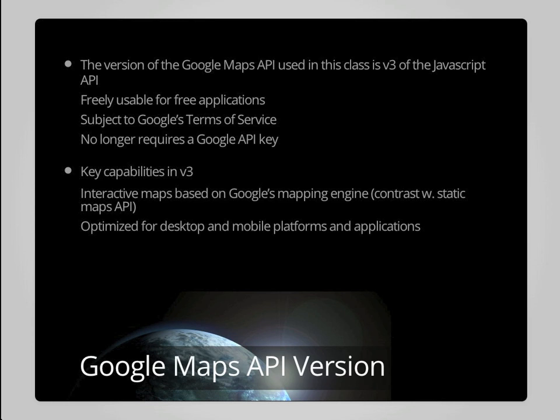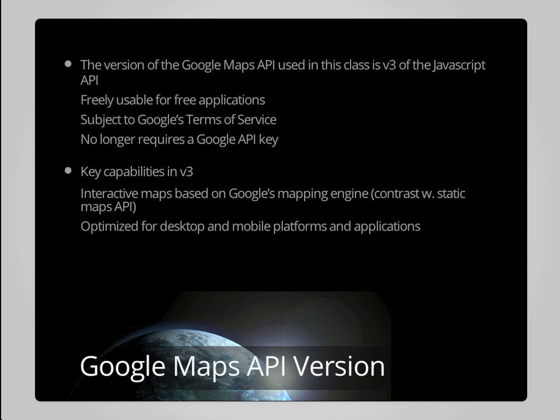If you're looking at some older documentation for the Google Maps API, you may see references to this API key. But again, the version of the API that we're working with, which is the current version, does not require this API key. But that's something that you may encounter as you're looking through online information or other published references relating to Google's API.